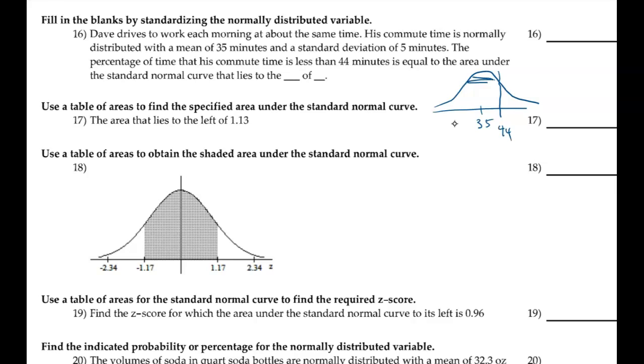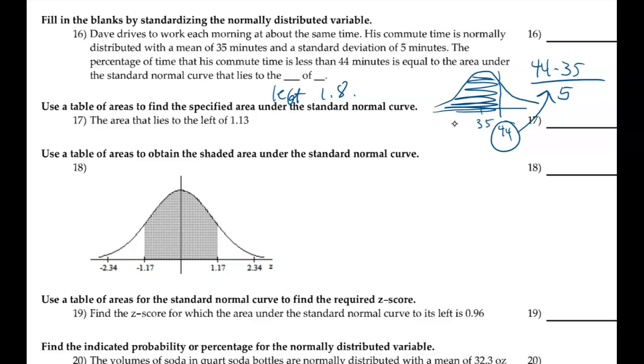I want less than, which is equal to the area under the standard normal curve that lies to the left of, well, I can't put 44, I need to standardize. It's 44 minus 35 divided by the standard deviation of 5. And I believe that comes out to 1.8.